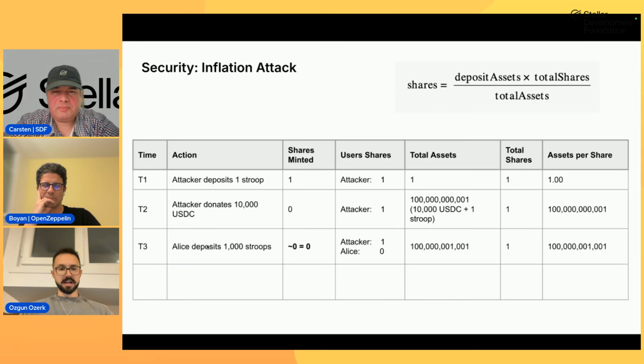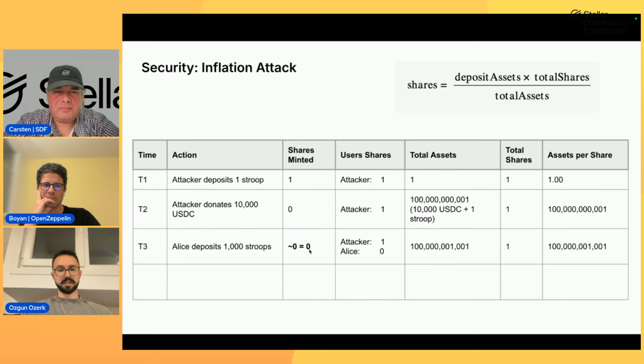And now Alice deposits 1,000 stroops. If you divide 1,000 stroops by this total asset amount, you will get something really small, like 0.00001 or something like that. And this will ultimately be 0 because of the rounding down that I explained previously.